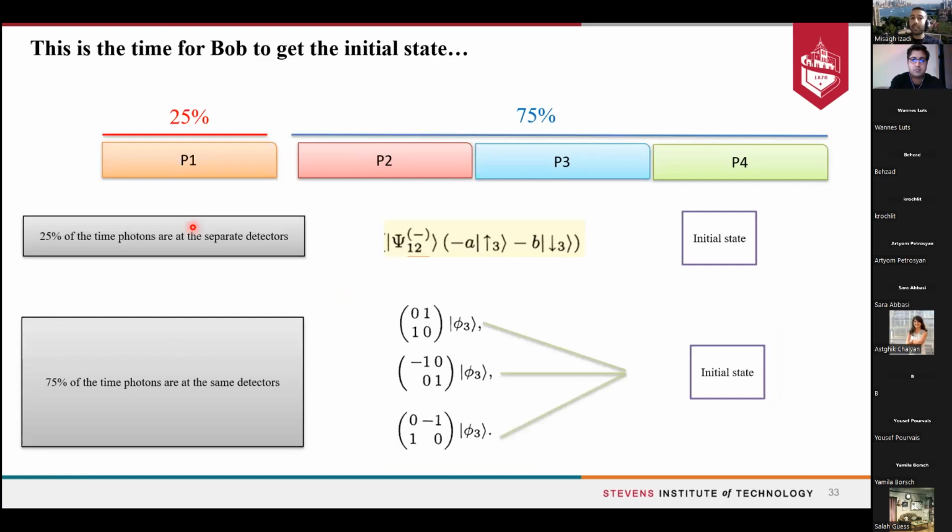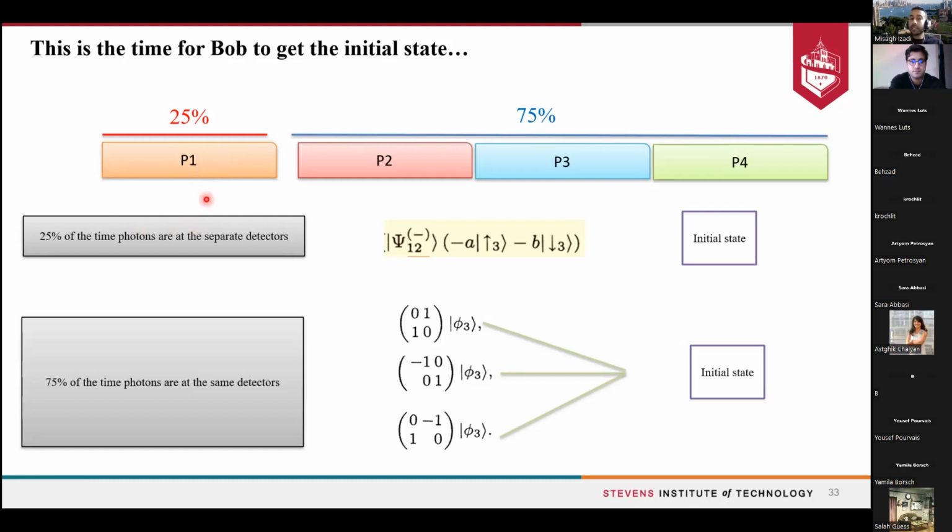In this measurement, there's a 25% chance that P1 is the result of her measurement. What is P1? P1 is the chance that you detect both photons at separate detectors. And 75% of the time, you're going to have those photons at the same detector, not separate detectors.